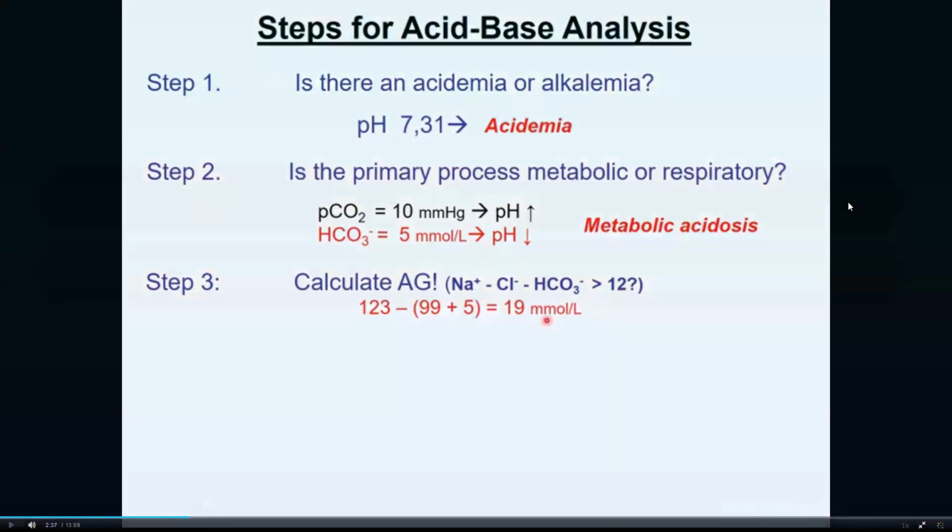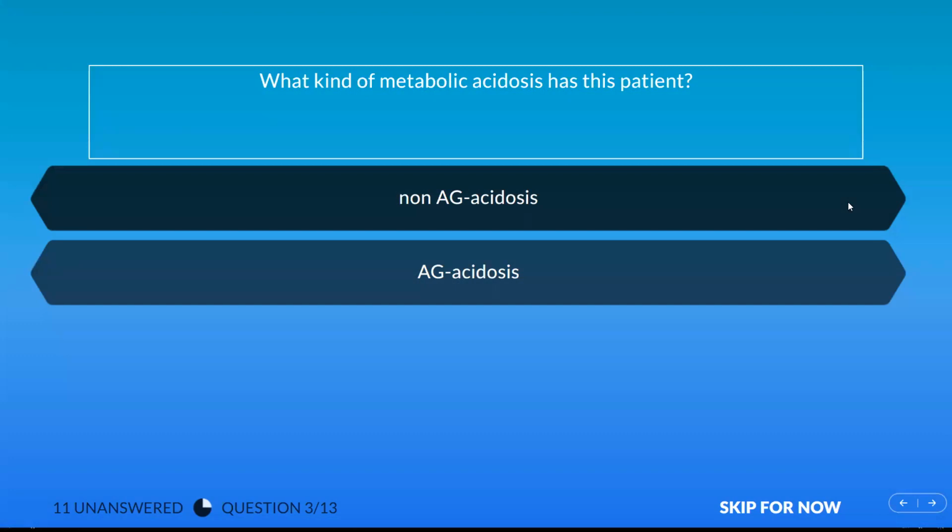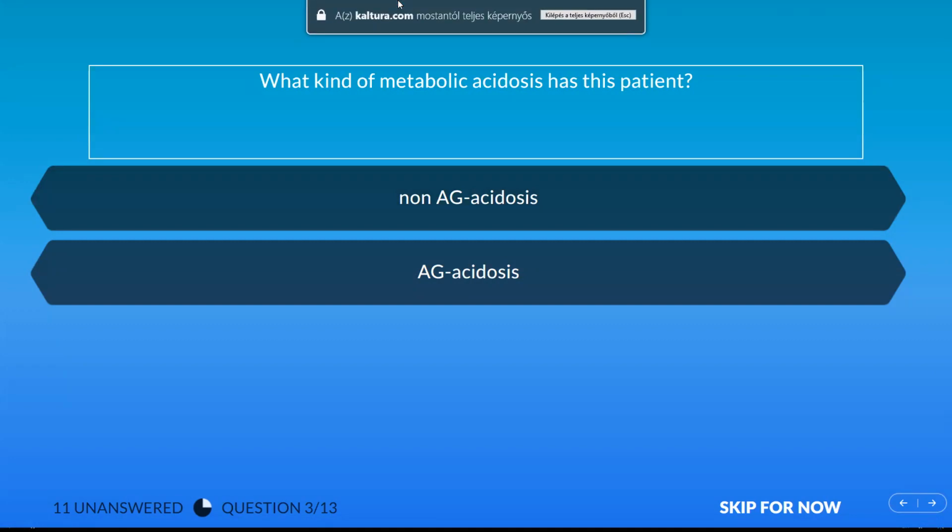What do you think? Can you hear me? Yes, I can hear you, but because my internet is very unstable, I cut out for a lot of it. So what do you think? Can you remember the anion gap? What was the anion gap? It was calculated.